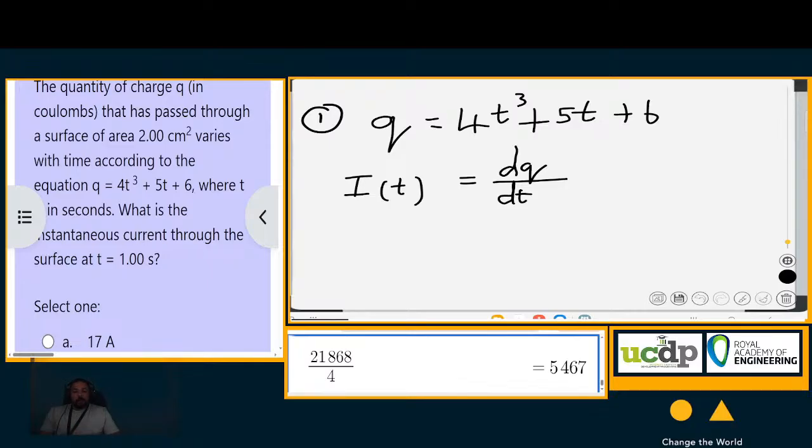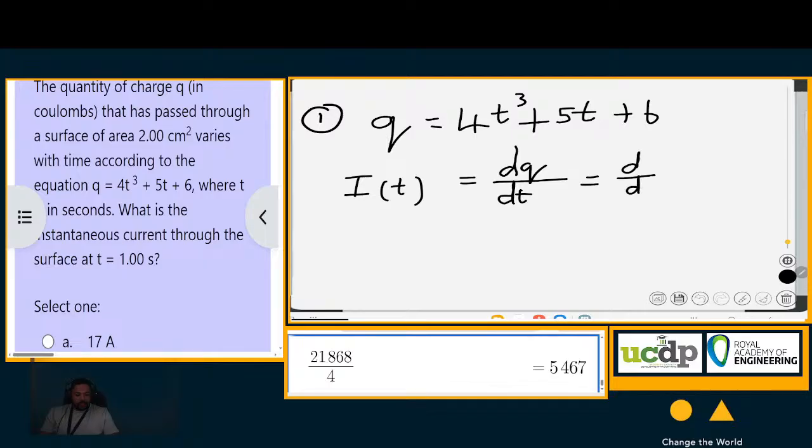The amount of charge per unit time. Now, if you rewrite this thing, it's basically dq dt, the change in charge over time. That is current, right?